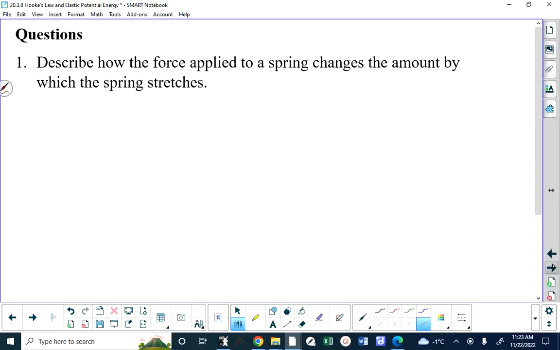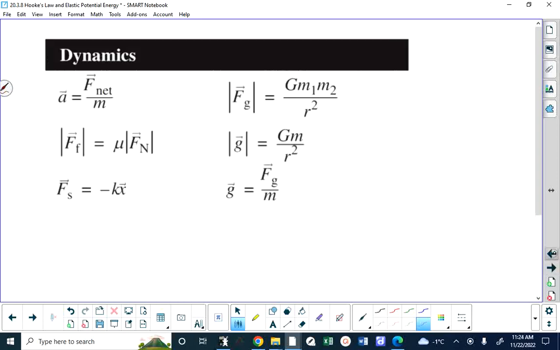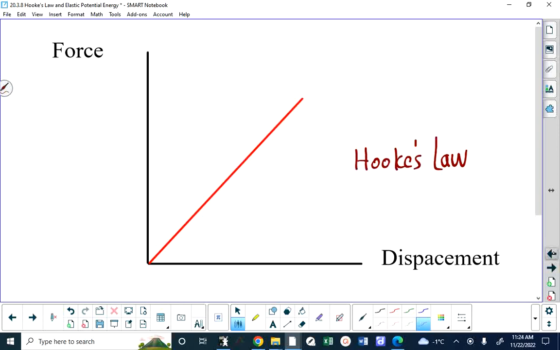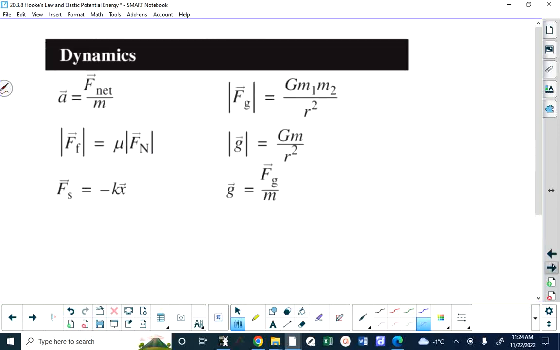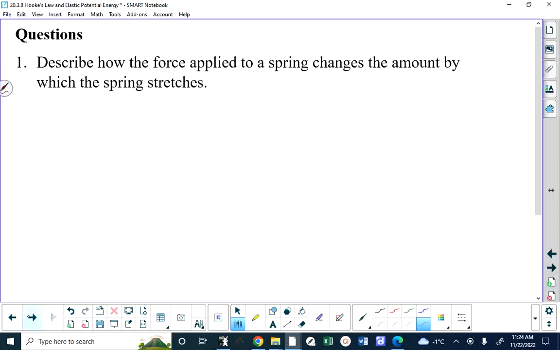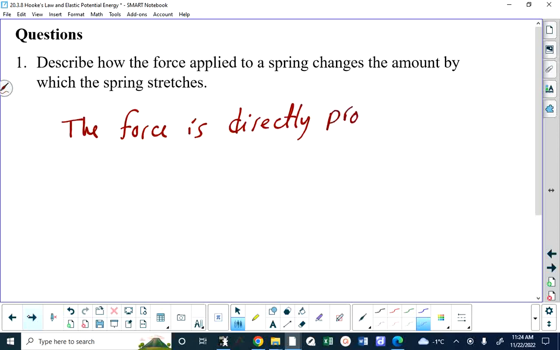All this is asking you to do is put into words this picture. And essentially, the force is directly proportional to the displacement.